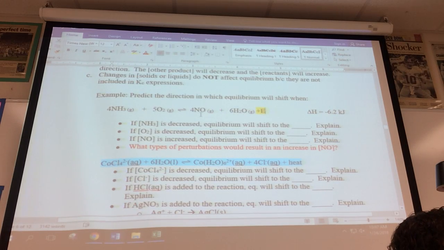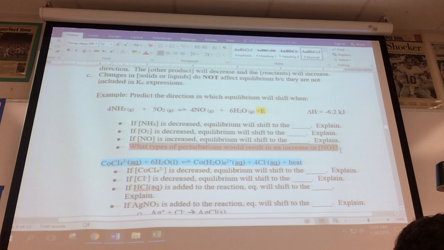You're increasing here, which is on the right side, you shift away, so equilibrium shifts to the left to use the NO added. Could you say to use up the excess and that be the explanation? Probably.